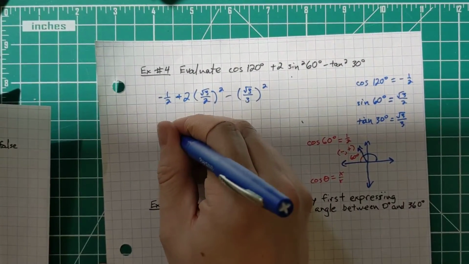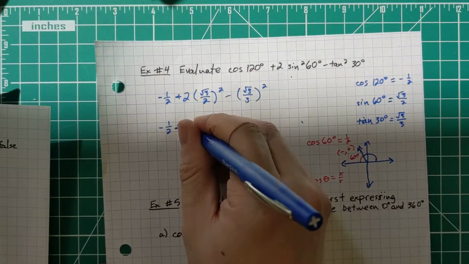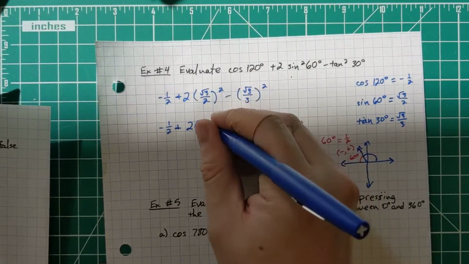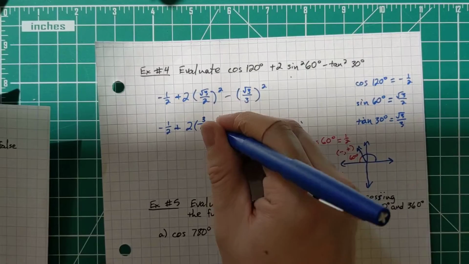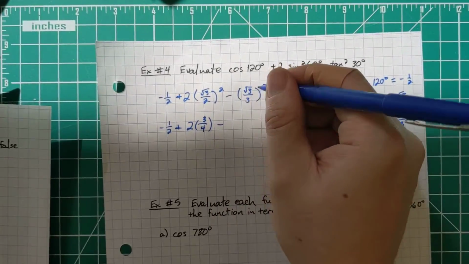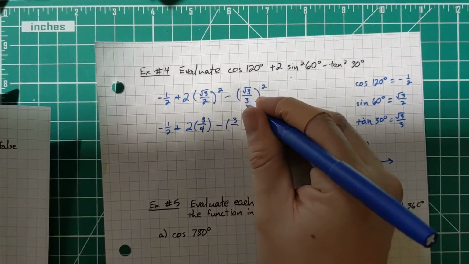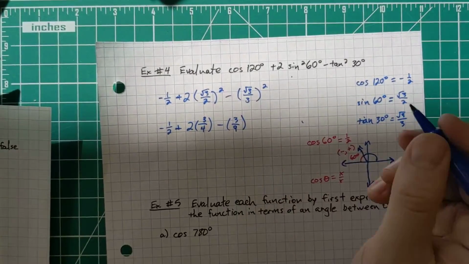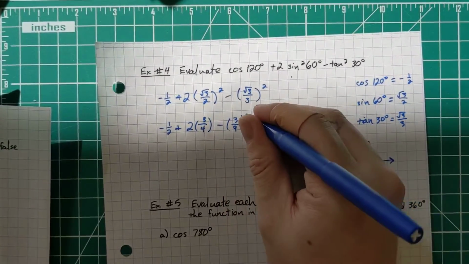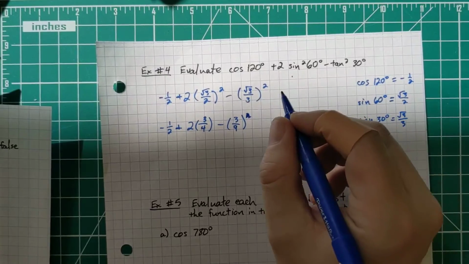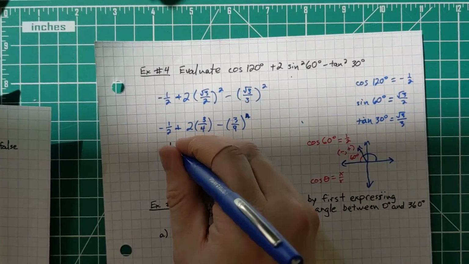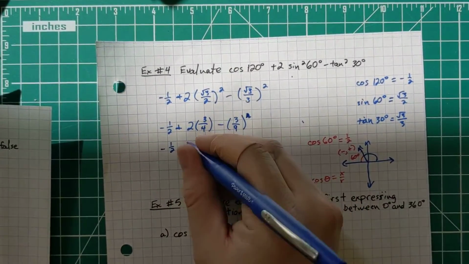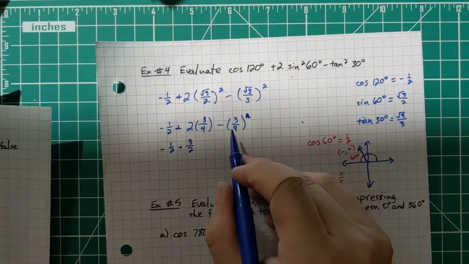So we get negative 1/2 plus 2 times square root of 3 squared over 2 squared. Square root of 3 squared is 3. 2 squared is 4. Square root of 3 squared is 3. 3 squared is 9. And then better simplify those. So get negative 1/2 plus, this would become 3/2.